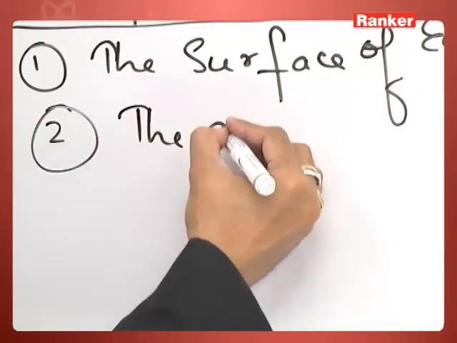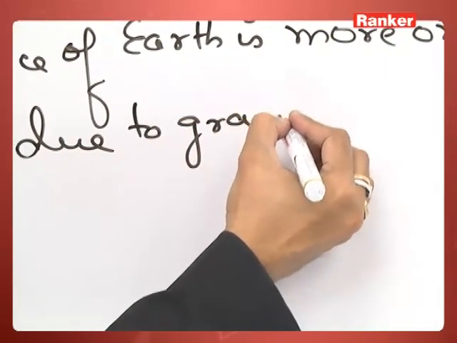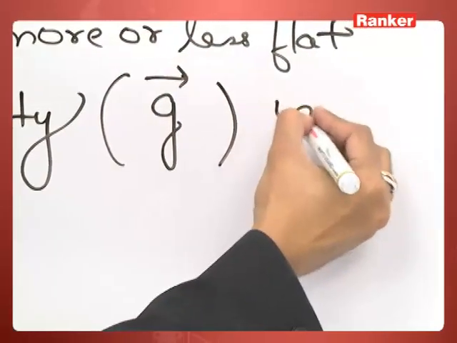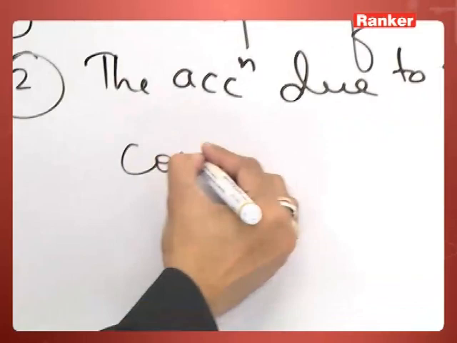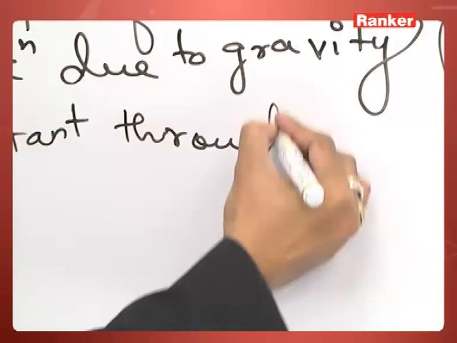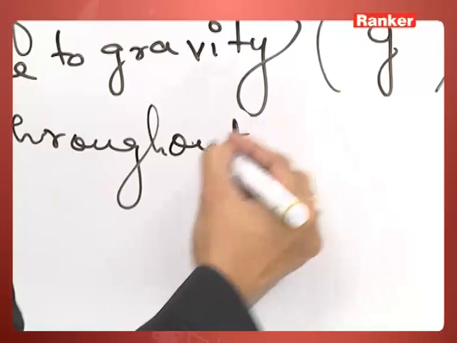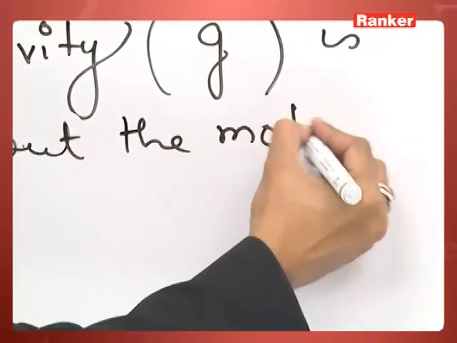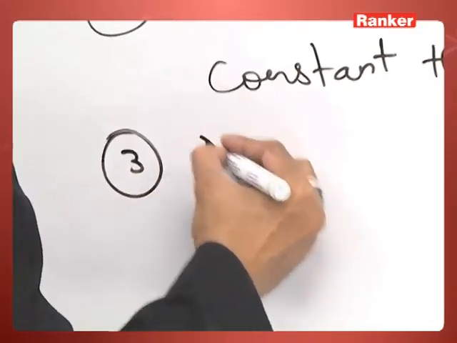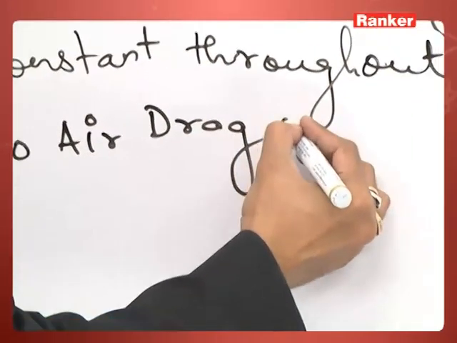Assumption 2, the acceleration due to gravity is constant throughout the motion. And number 3, no air drag is present.